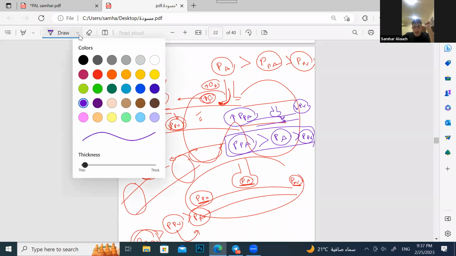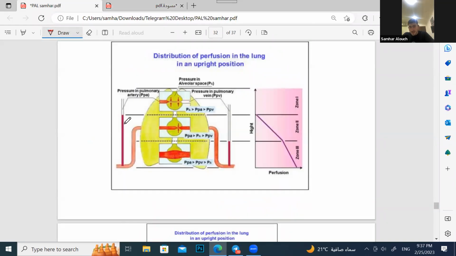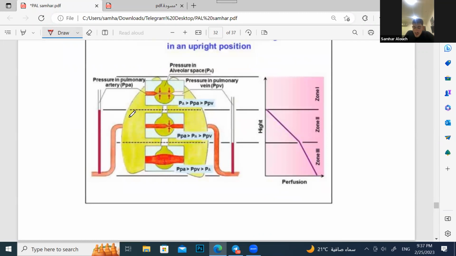Okay. And now if we plot it here, we have a very big alveoli, so it's compressed from both sides, artery and vein, and so the alveolar pressure is higher than the artery, higher than the vein. Here at the middle, it's big, but not that big, so it's compressed only on the venous side, and so the artery is still the highest, then the alveoli, then the venous.